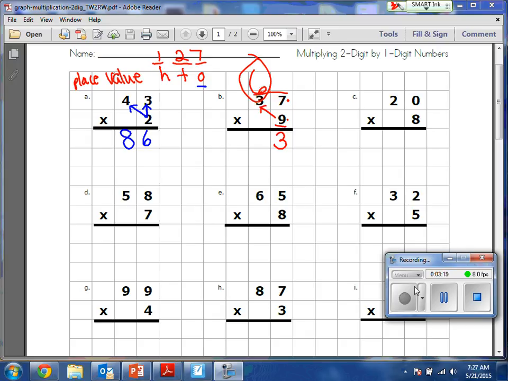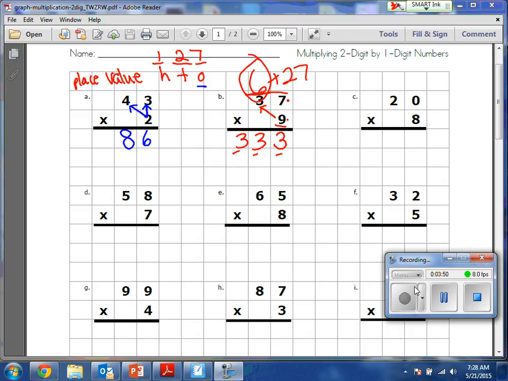So think to yourself, what is 3 times 9? You said 27, you're correct. But here's the thing. We also have to take into account the 6. So 3 times 9 is 27. Now we're going to go ahead and add that 6 onto it as well. So 27 plus 6 actually equals 33. So we should have our answer. 37 times 9 equals 333.